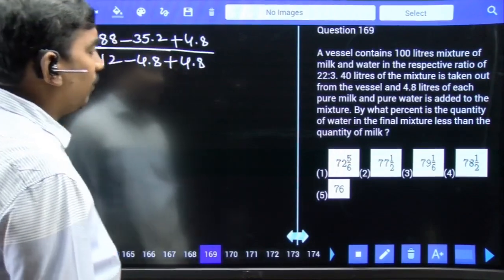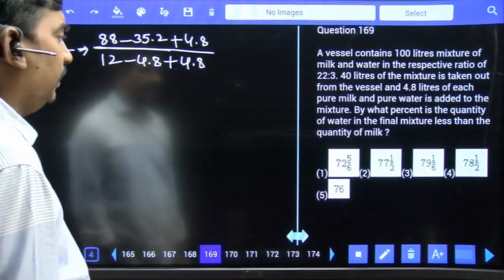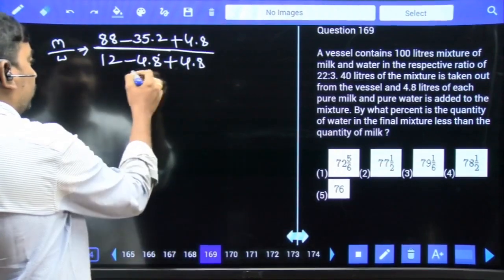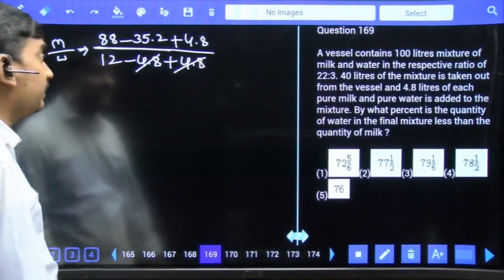By what percent is the quantity of water in the final mixture lesser than the quantity of milk? Plus 4.8 minus 4.8 will get cancelled.